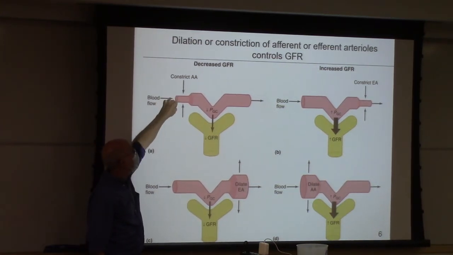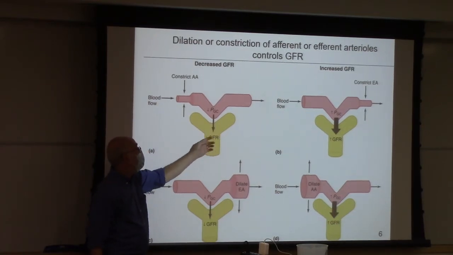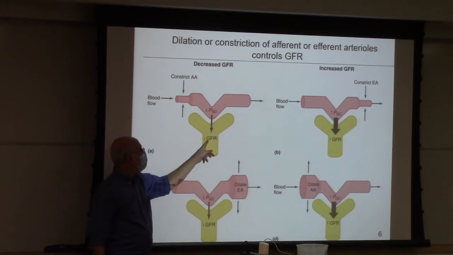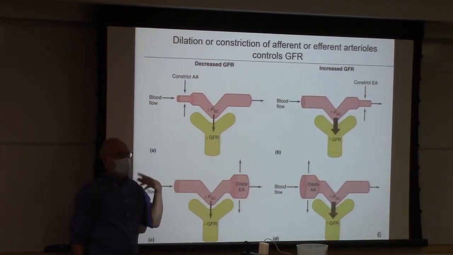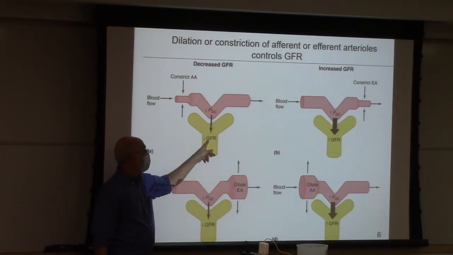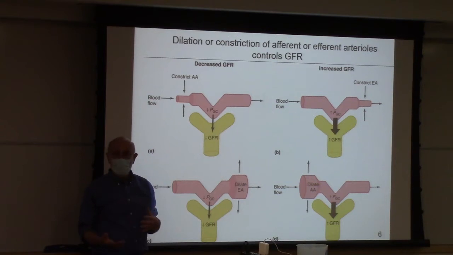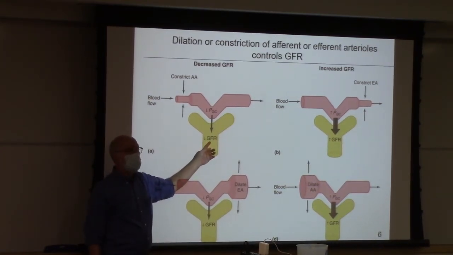So if we constrict the inflow, we lower the hydrostatic pressure in the glomerular capillaries, and that reduces GFR. So, GFR, glomerular filtration rate. I'm going to start just using GFR. Glomerular filtration rate, the rate in mils per minute of filtration of fluid at the glomerulus.